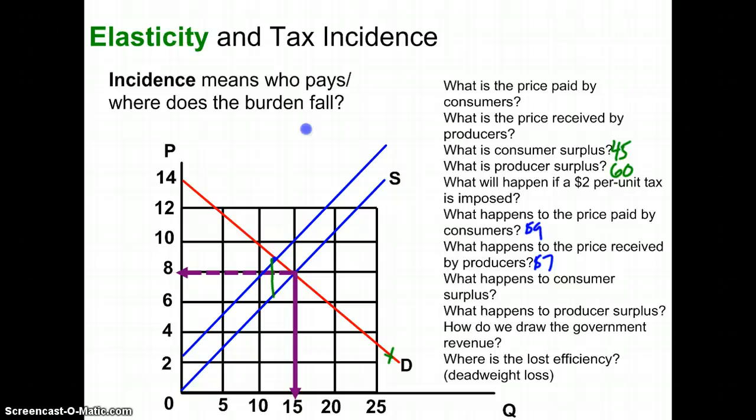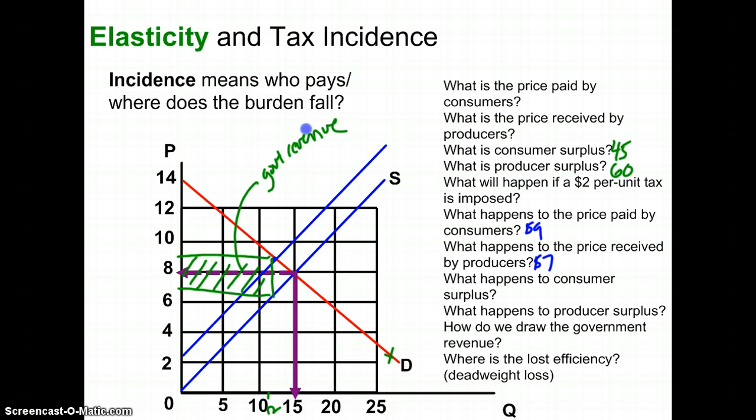If we take that and turn it into a rectangle, which would be the quantity of now probably about 12, times the $2 gives us a government revenue of about $24. So this rectangle here is the government revenue.